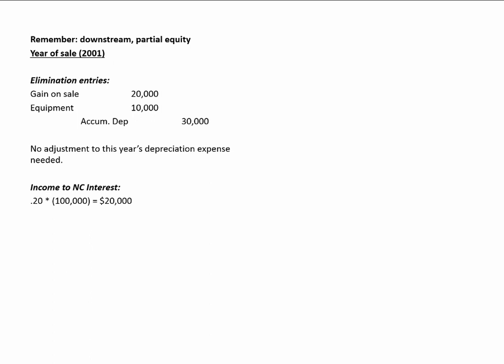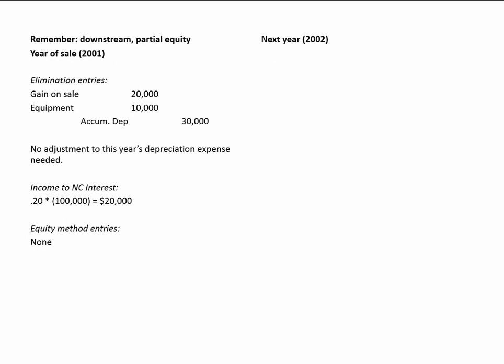They will simply get their 20% of the subsidiary's reported earnings. Finally, the equity method entries, none, because again, this was a downstream transaction where the parent is using the partial equity method. That means they're not going to adjust their investment income to remove any unrealized gains or losses.